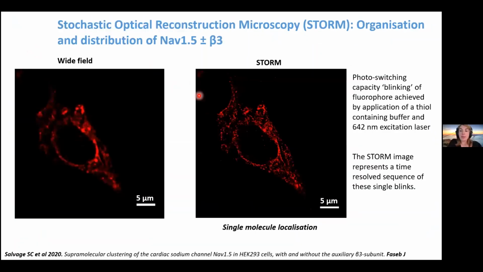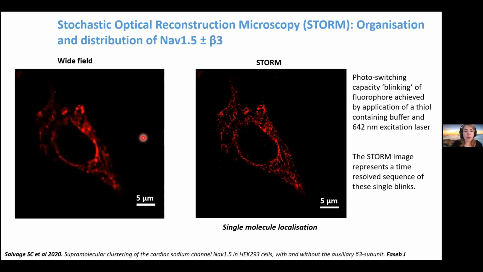So we went a little bit deeper with this and decided to do some single molecule localization to try to determine exactly how many sodium channels are in clusters and how they organize throughout the membrane. For this, we used stochastic optical reconstruction microscopy, or STORM. This takes advantage of special properties of certain fluorophores. Here we used Alexa 647, which has the capacity to photo-switch or blink.